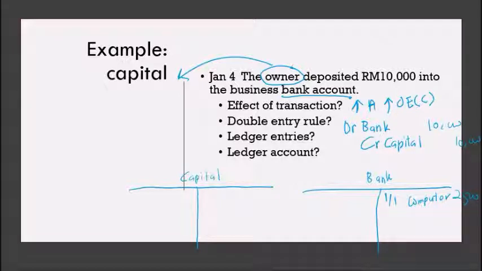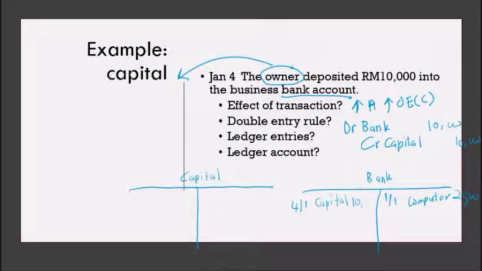So we already have that. Capital is just a new account. So when you see this transaction, the bank is on the debit side. It's 4 Jan. 4 Jan, what is the explanation? Capital. What is the amount? 10,000.